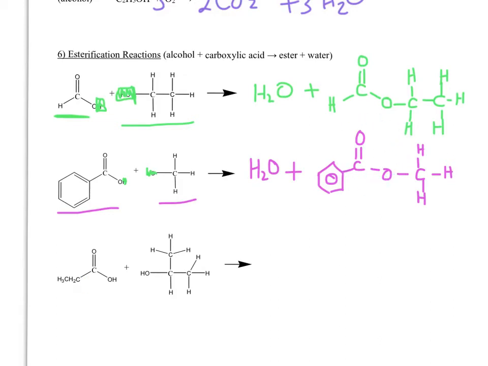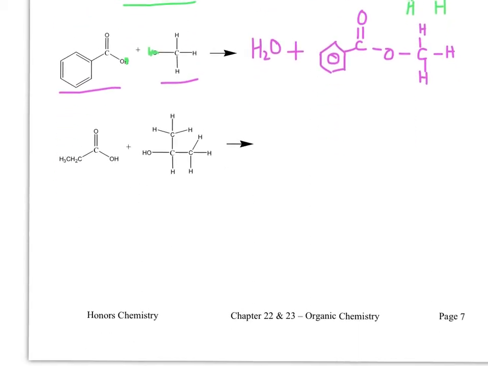Again, don't let the shape or size of the molecule intimidate you. You see that you have a C double bond O and an OH. That tells us it's the carboxylic acid. All this doesn't matter. What matters is the OH. That tells us it's an alcohol. So what we are going to do is take out the H from the carboxylic acid, the OH from the alcohol, and that's going to give us H2O.